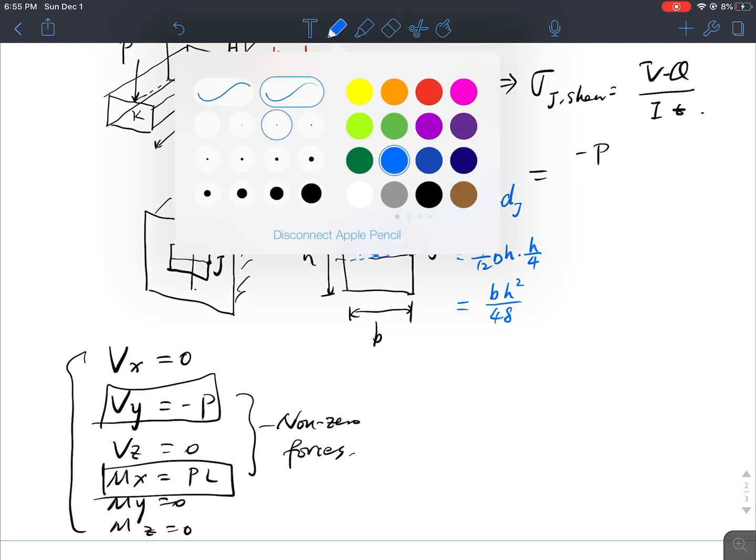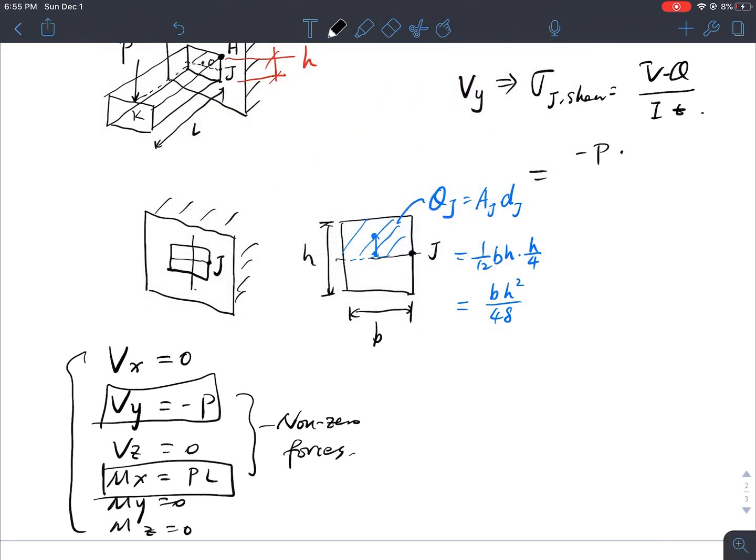Now let's go back to multiply bh squared divided by 48 and divided by 1 over 12 bh cubed. And t in this case is the width b.